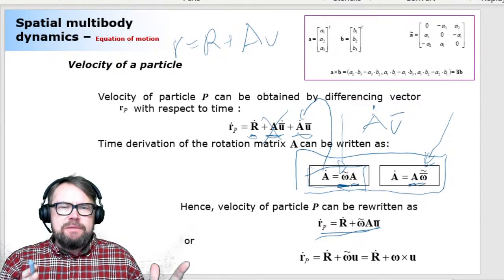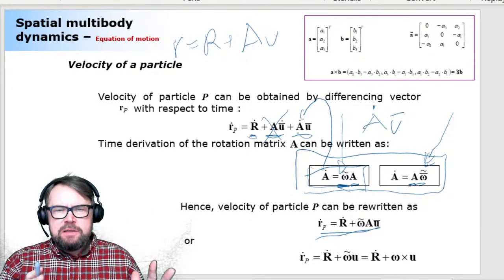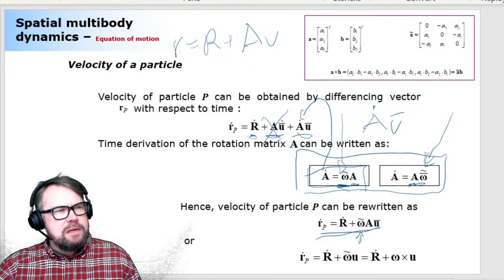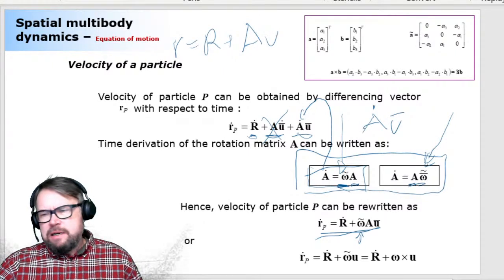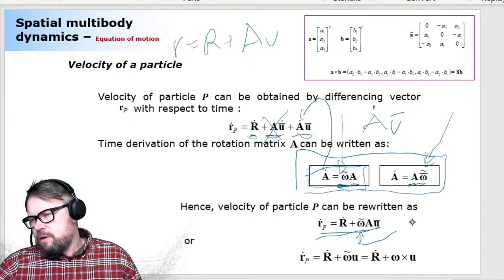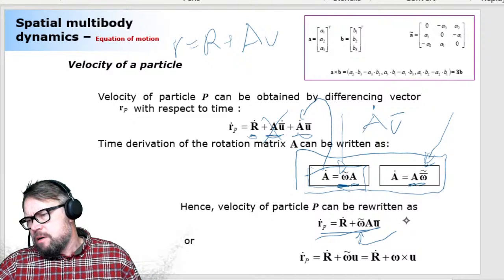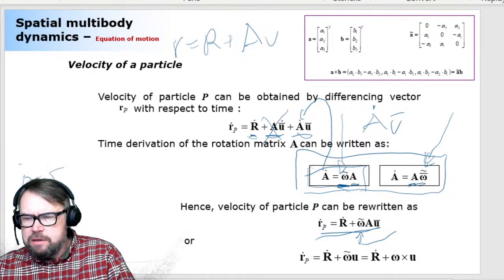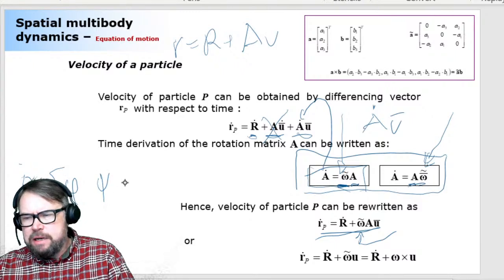Here comes the difficulty. The difficulty is the fact that now we have here angular velocity, this one here. Angular velocity is not the same as rotational parameters. So when you're differentiating angular parameters once with respect to time, let's say that we have here a vector of angular parameters, and let's say that we're using Euler angles.